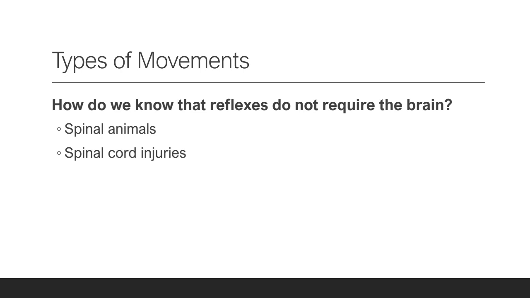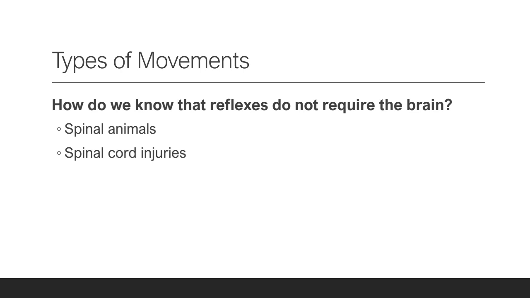And also, with spinal animals that have had their spinal cord severed at different points for research purposes, they're even able to produce stepping and walking responses if their weight is supported. For example, if a spinal animal is suspended in a hammock in such a way that their limbs are in light contact with a moving treadmill, but their body is supported, their legs will begin to make stepping movements automatically.